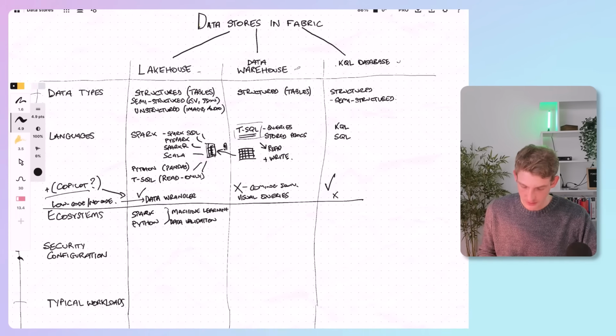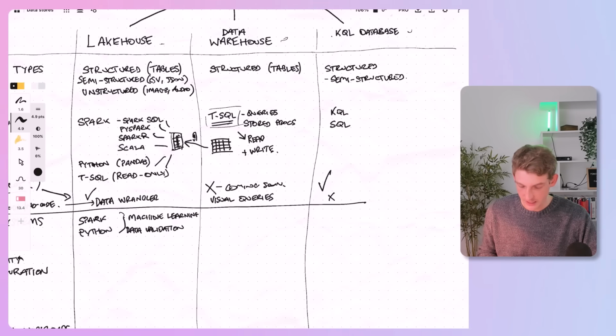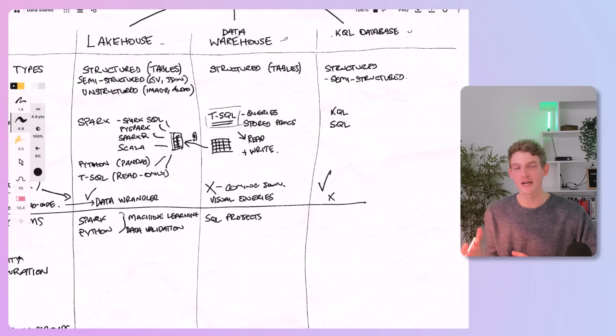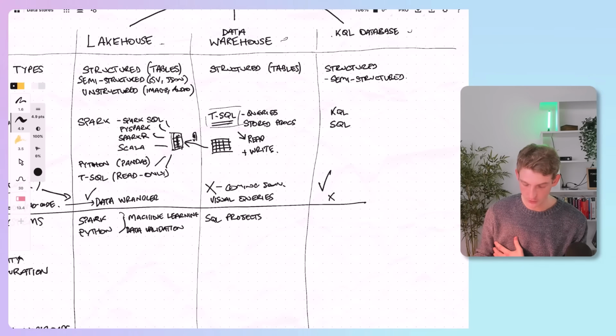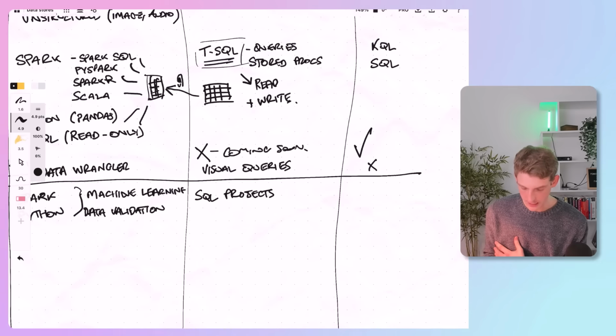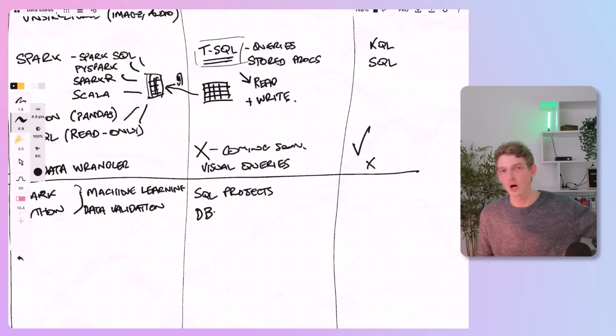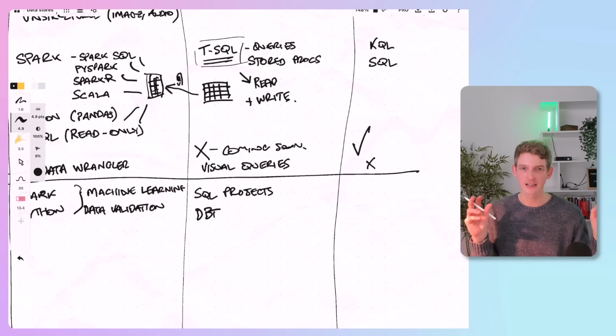Now, in terms of ecosystems in the T-SQL world with data warehouses, the good thing is that it opens up SQL projects. So we can manage our T-SQL code and our database configurations using SQL projects. And we can also use dbt, right? dbt is a third-party tool that is very commonly used for analytics engineering.